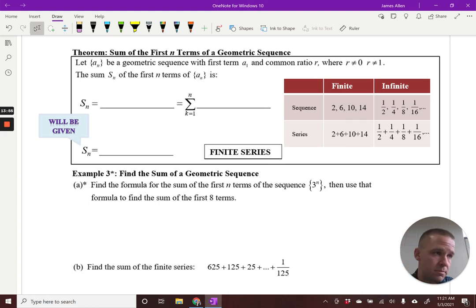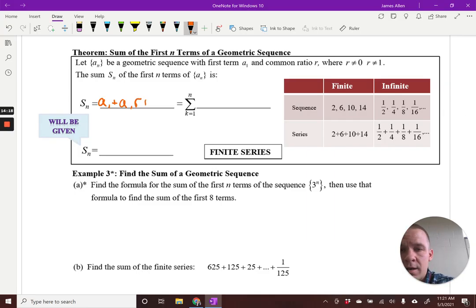Finite stops, all right? So if we want to find the sum of the first n terms, we'd say a sub 1 plus a sub 2 plus a sub 3 plus, actually, why don't we write it like this? A sub 1 times r, right?